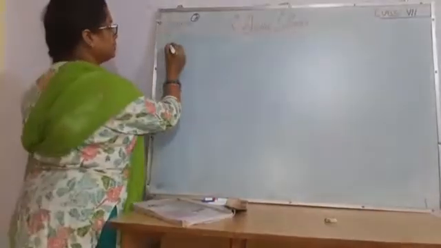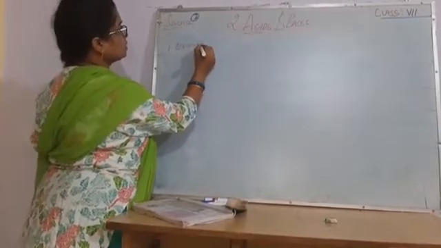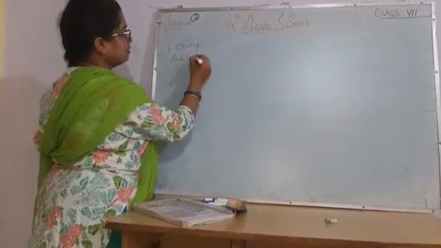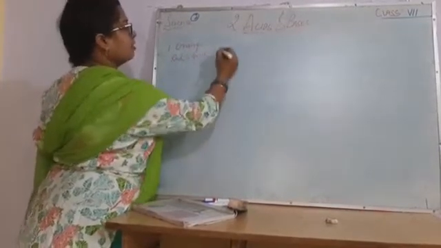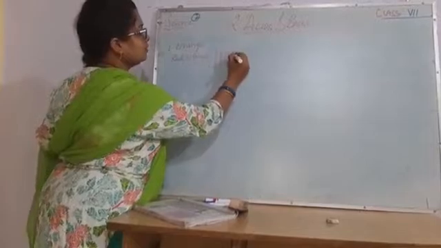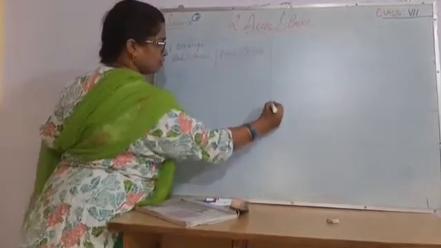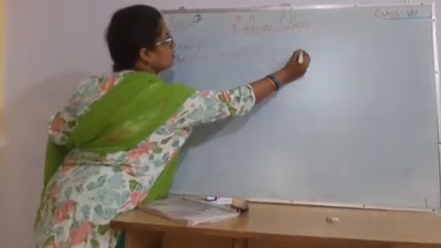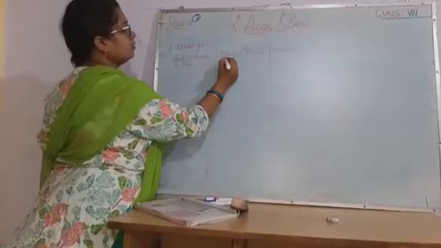Here are some substances given. Orange. You are supposed to test with red litmus paper and blue litmus paper. No color change. Red litmus to blue, blue litmus to red.